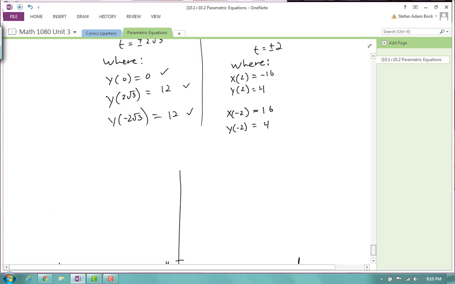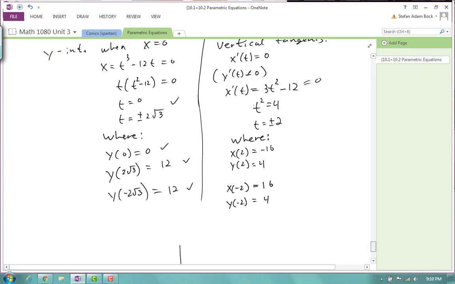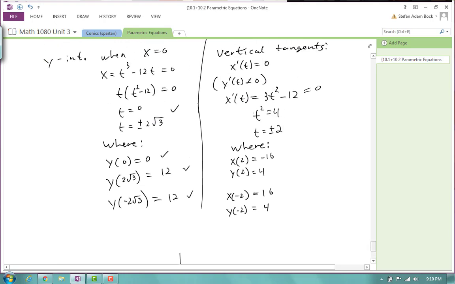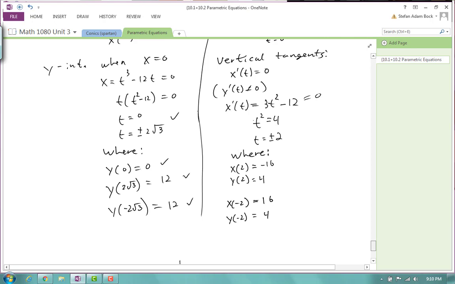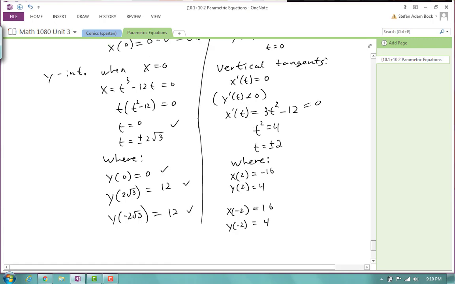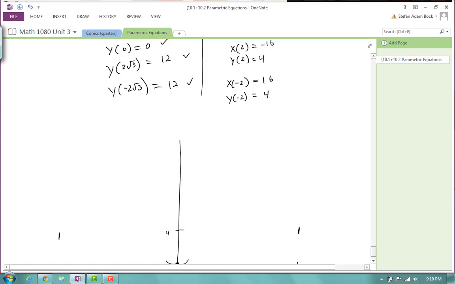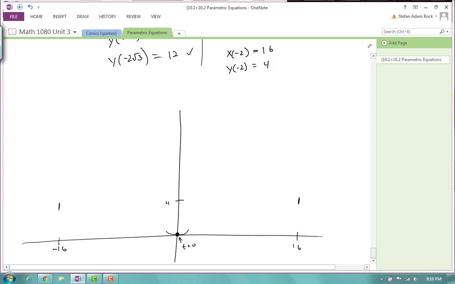I have additional y-intercepts at y equal to 12 when t is equal to 2 root 3 and negative 2 root 3. But I have 2 of them, so I should try to determine where they're coming from.